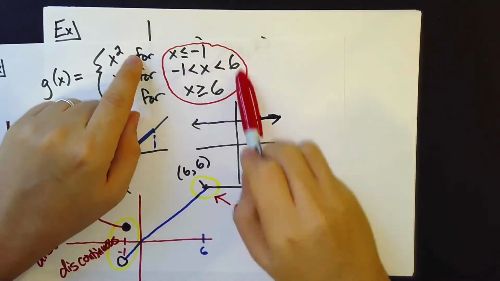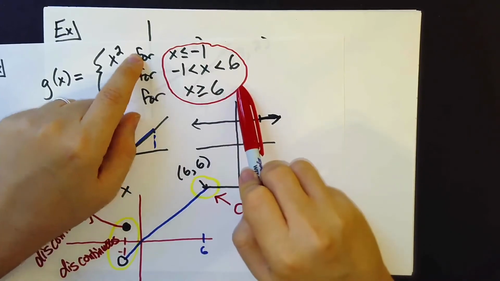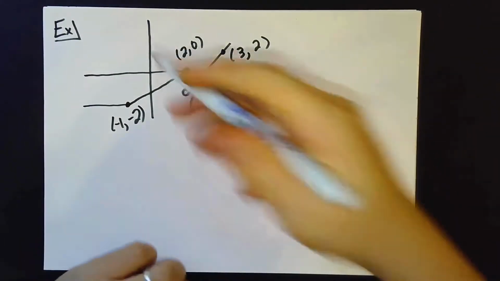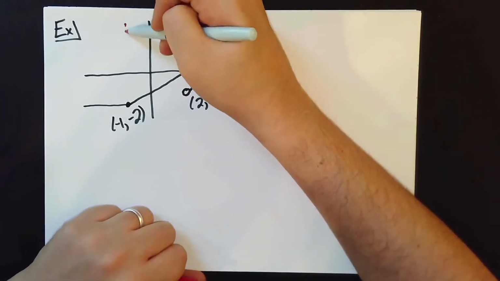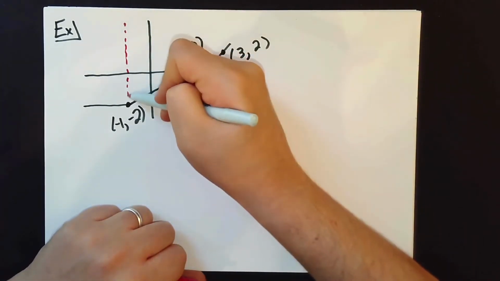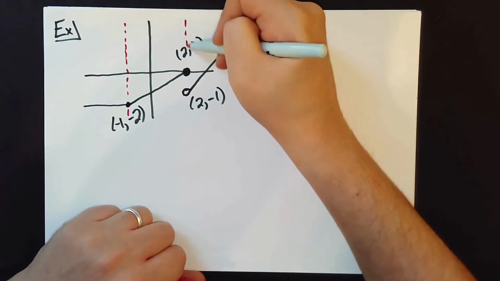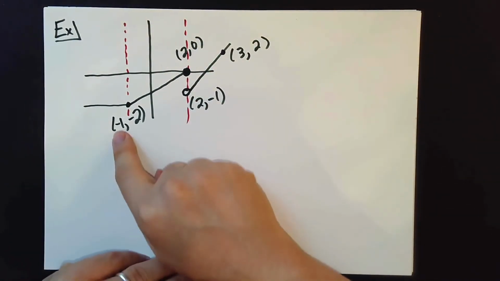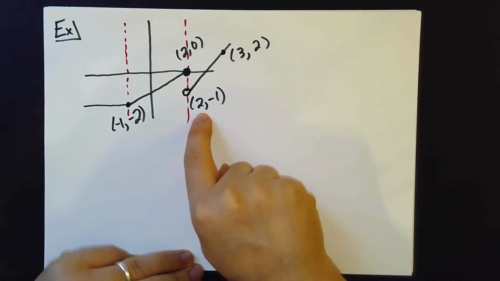That is, you want to figure out this side of things. And so the pieces in this case happen to break at the input -1 and the input 2.